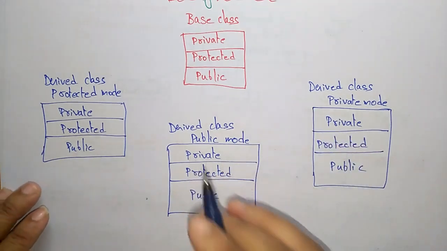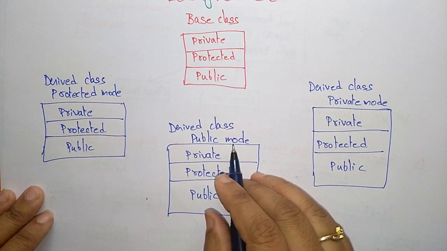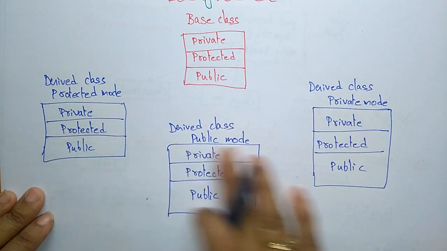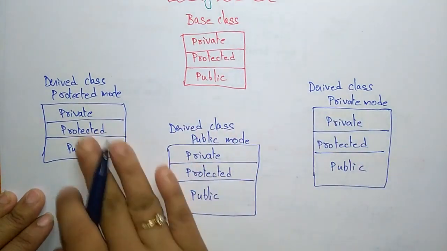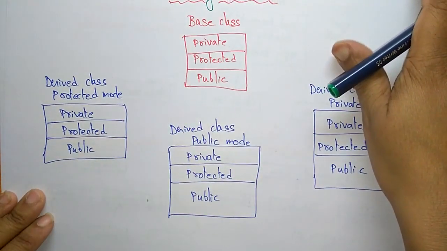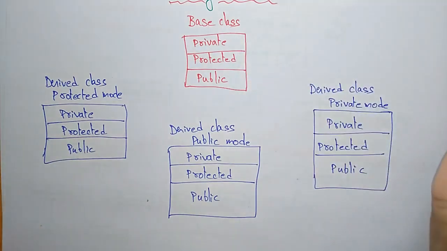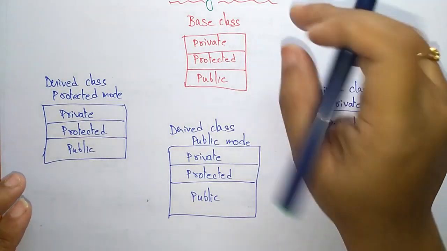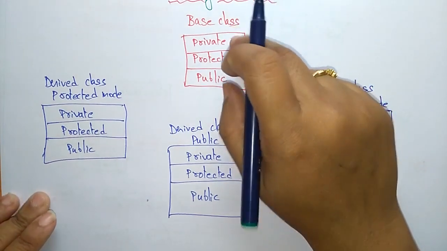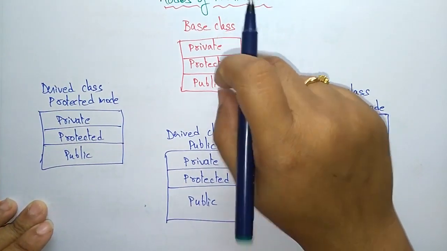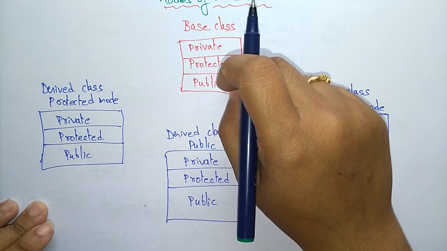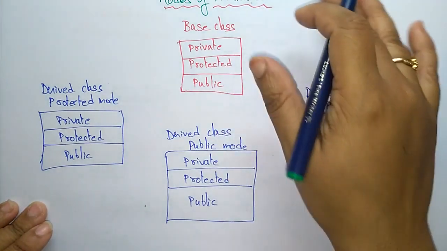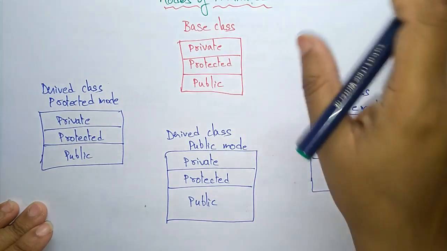If your base class member is private, no derived class will acquire the properties of the base class, because the base class member is private. So don't keep the methods as private. If you declare methods or variables private in the base class, they will be used within the class only, or else in a friend function.